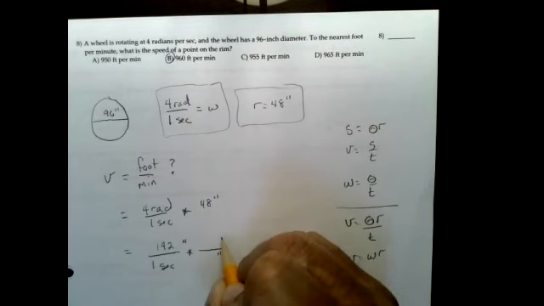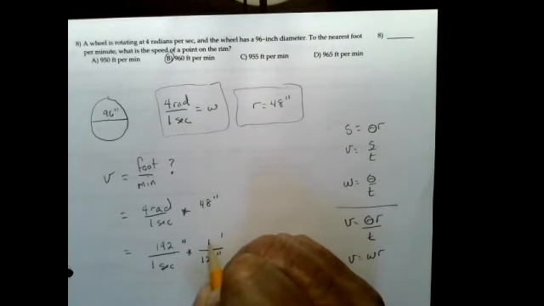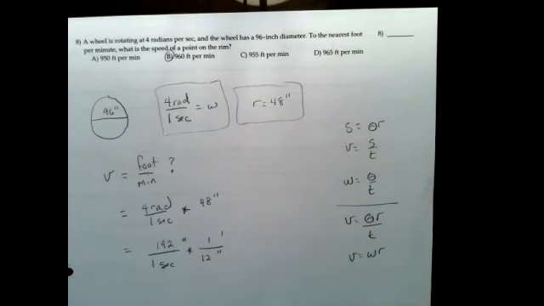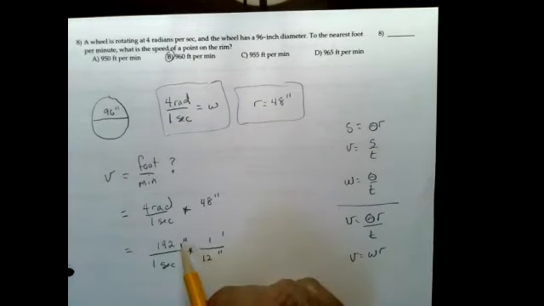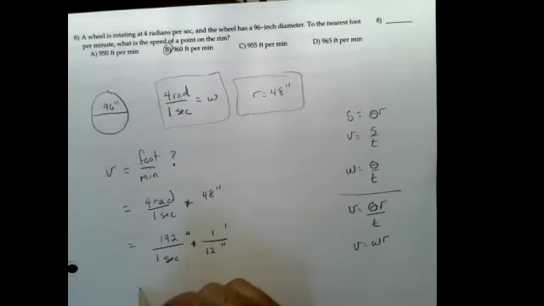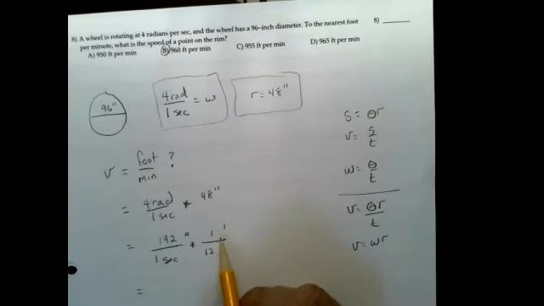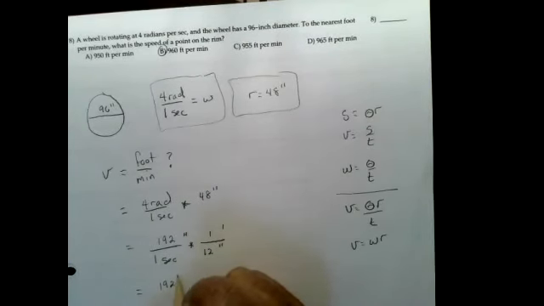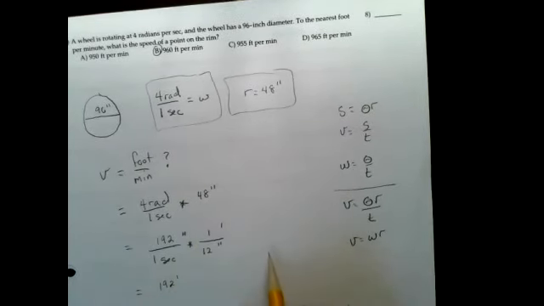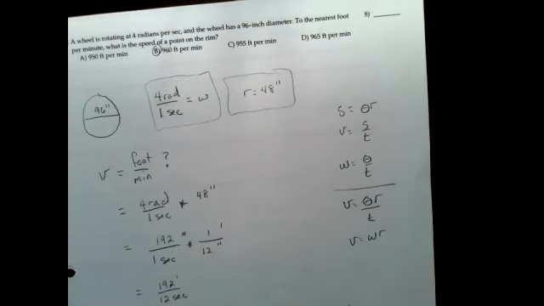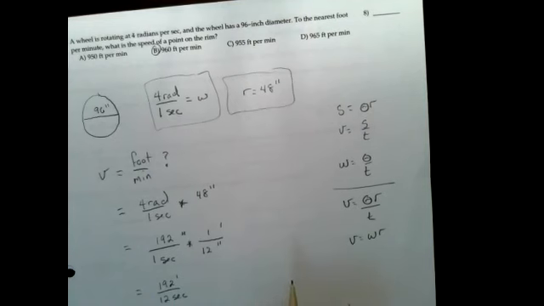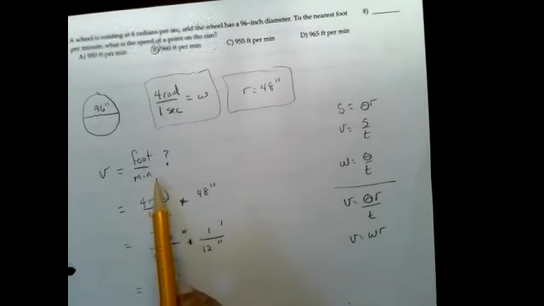That's okay, because I know 12 inches is the same as 1 foot. The labels cancel, inches and inches. So now I have 192 feet over 12 seconds. I'm getting closer because I need minutes now.